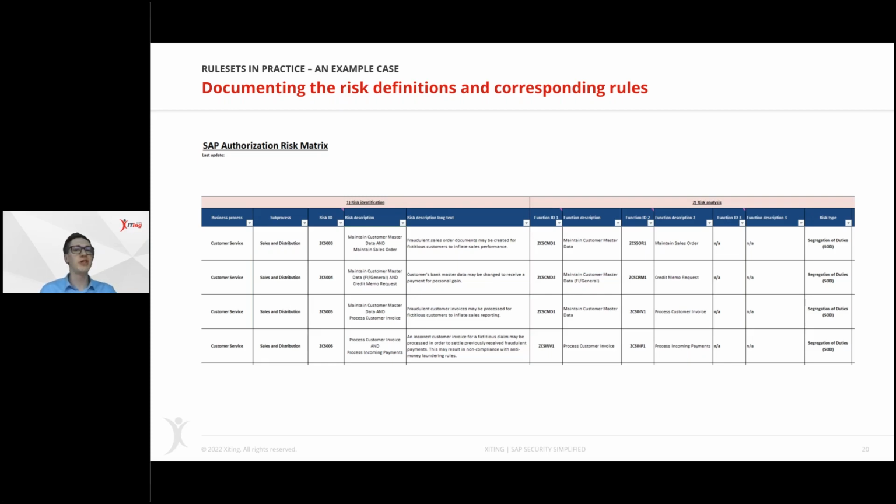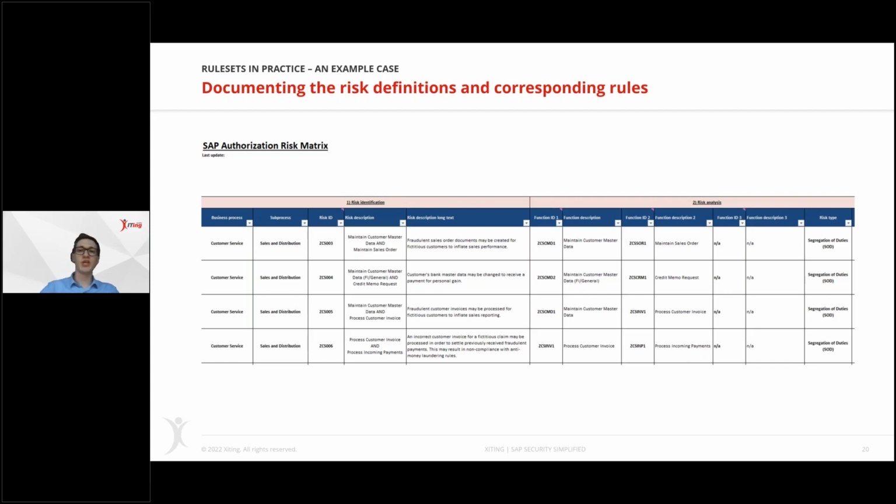The documentation of the rulebook needs to take place anyway. The client was not a big organization, so they didn't have an ICS tool where they could document all those risks and the rule definitions. So in the end, we created a separate Excel document as the baseline for the rule set being implemented in the system.